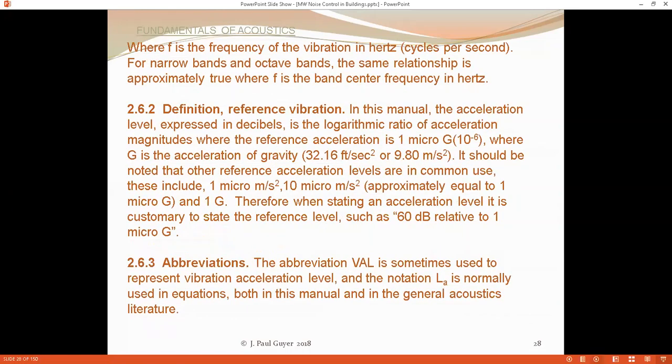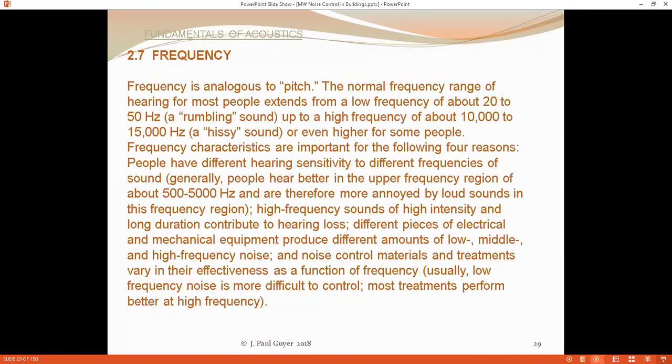Okay, now that's a very brief outline of decibels, how you measure sound. And in building design, what you are doing is measuring the sound in the source room or noisy room, and you want to reduce that sound power or sound pressure to a level that is consistent with what the human being is doing in the receiving room.